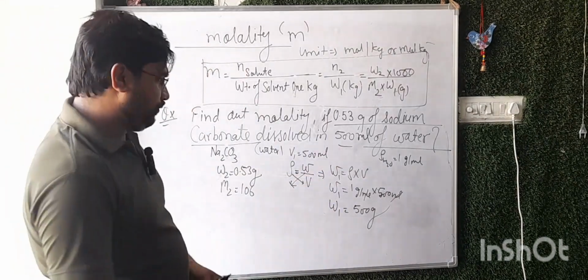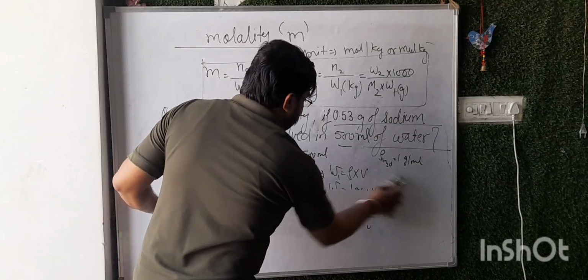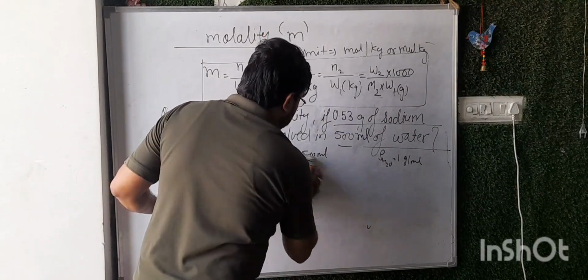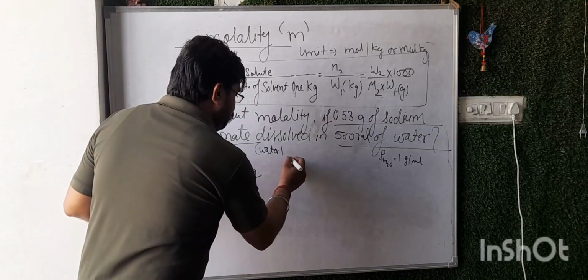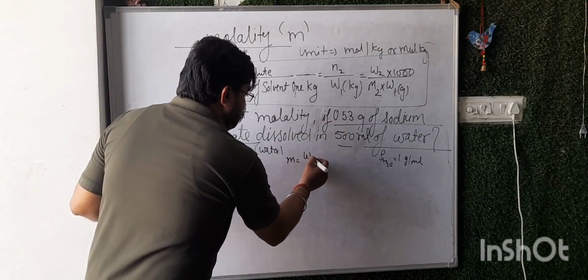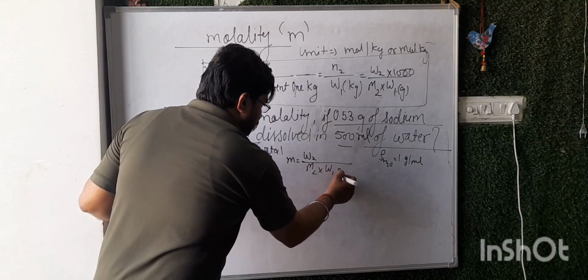Now we simply apply the formula of molality. What is the formula of molality? That is W2 upon M2, W1 in gram, into 1000. Now put all the values.